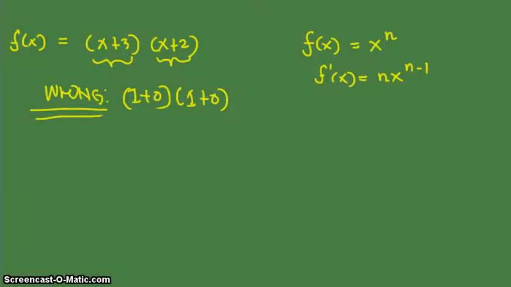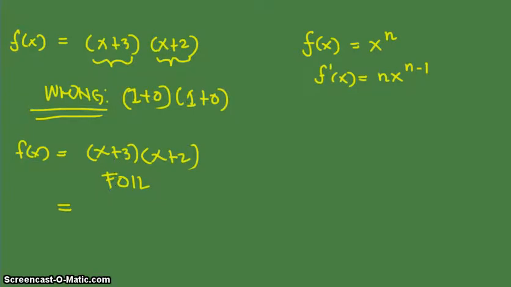But what we can do in algebra is simplify the expression x plus 3 times x plus 2. If you want a longer way, you can use FOIL, that's multiplying the first, the outer, the inner, and the last. Some people can mentally find the product of this expression.